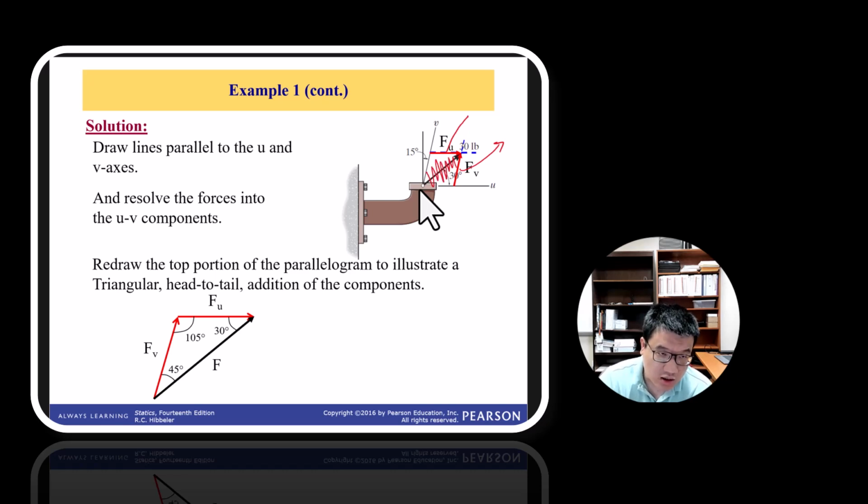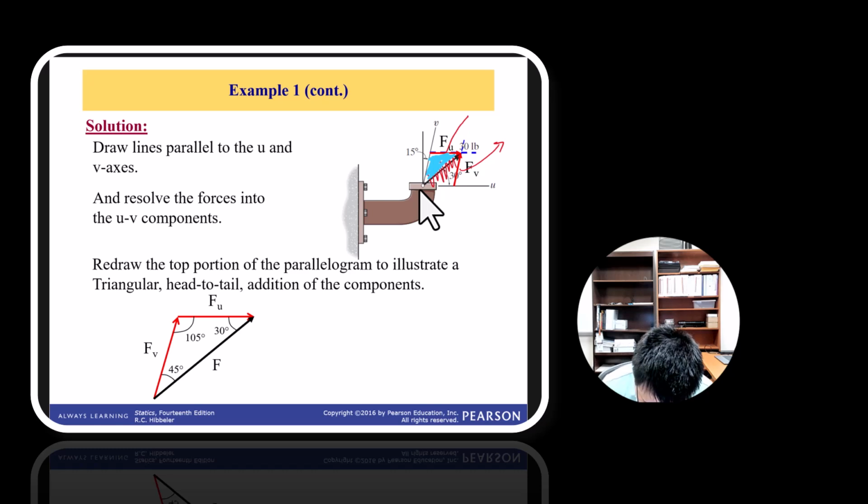After this, what should we do? We can redraw the top portion of the parallelogram, which I'll mark in blue, to illustrate a triangle, which is head to tail, the addition of the components.